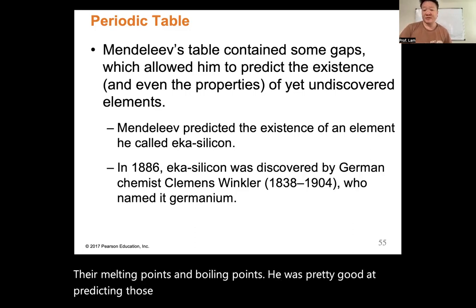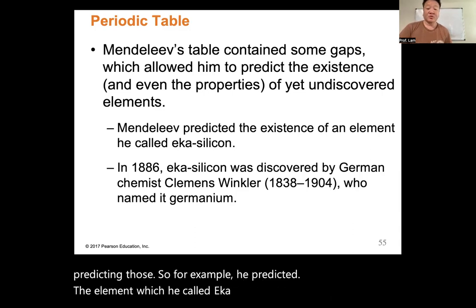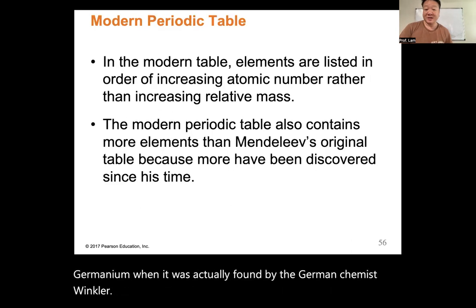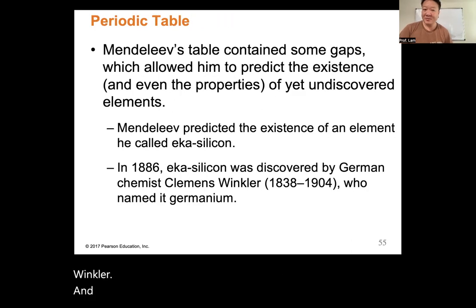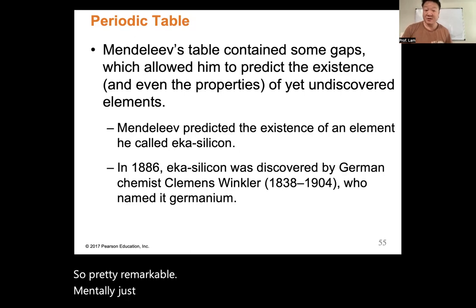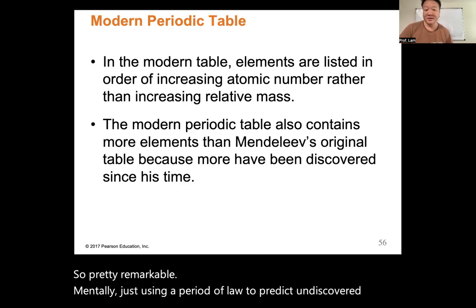So, for example, he predicted the element which he called ecosilicon, which was later named germanium when it was actually found by the German chemist Winkler. And germanium had the properties that Mendeleev predicted. So pretty remarkable. Mendeleev just using the periodic law to predict undiscovered elements.